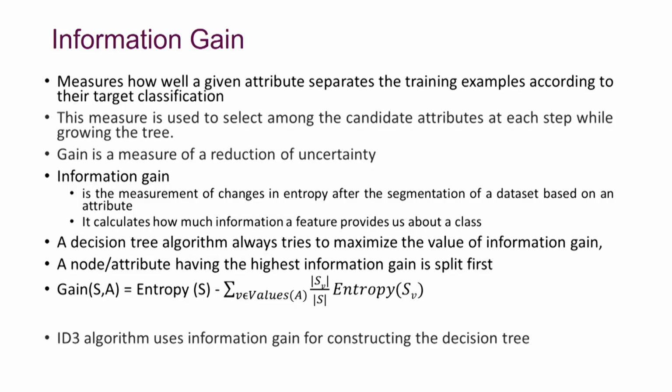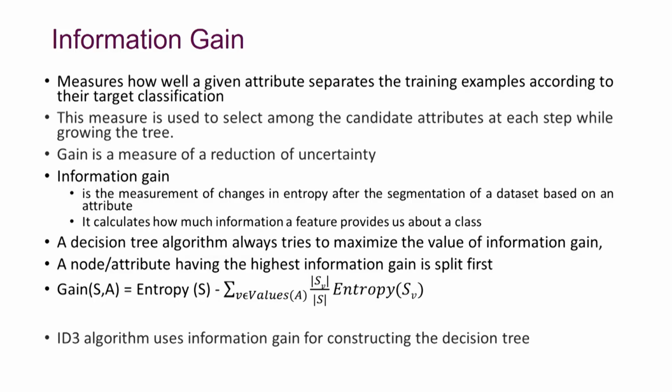It means when there are more than one independent variables, we will always select the attribute that gives the highest information gain.